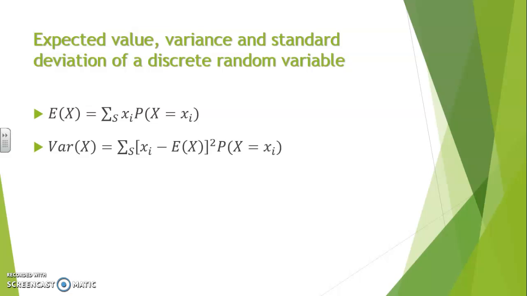This is a bit of a tedious formula, so I'd suggest you use this shortcut formula where instead of having to measure the difference between xi and E of x, you can actually perform the sum on the xi squared times P of x equals xi and subtract the expected value squared at the end.